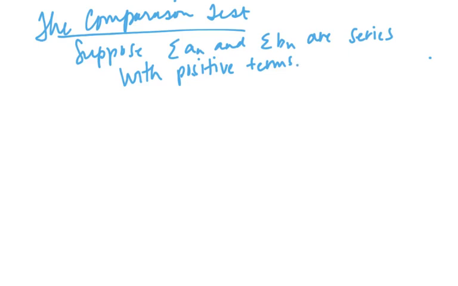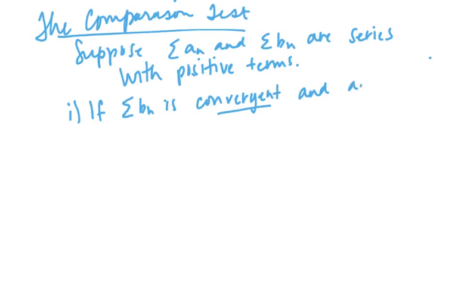Part 1 says if the sum of bn is convergent, and an is less than or equal to bn for all values of n, then the sum of an is also convergent.